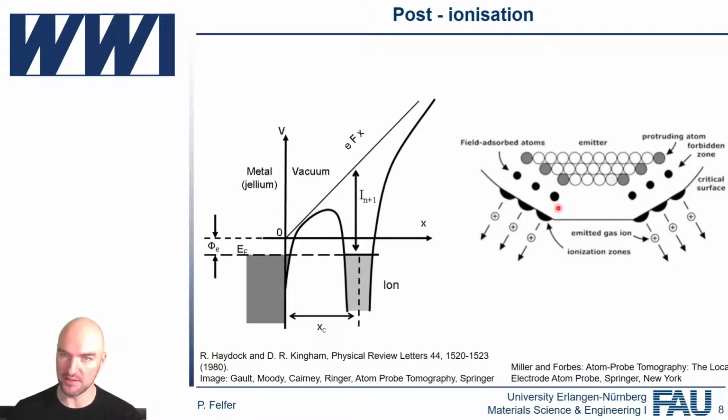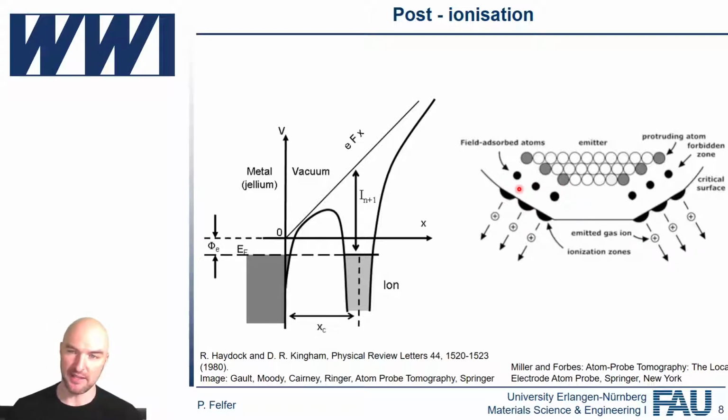It's not forbidden for atoms to go there, but they're not going to get ionized. There's no ionization happening in that forbidden zone in between, which means that it's not necessarily the gas atoms that are directly on the surface that are getting ionized, but a layer or two above that.